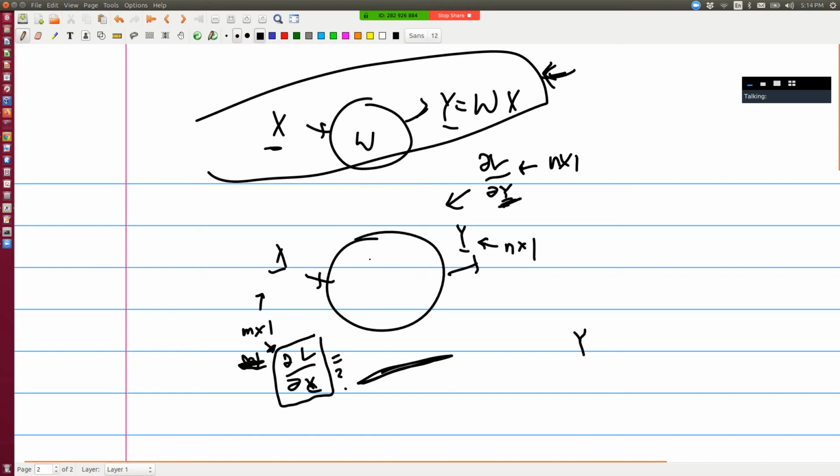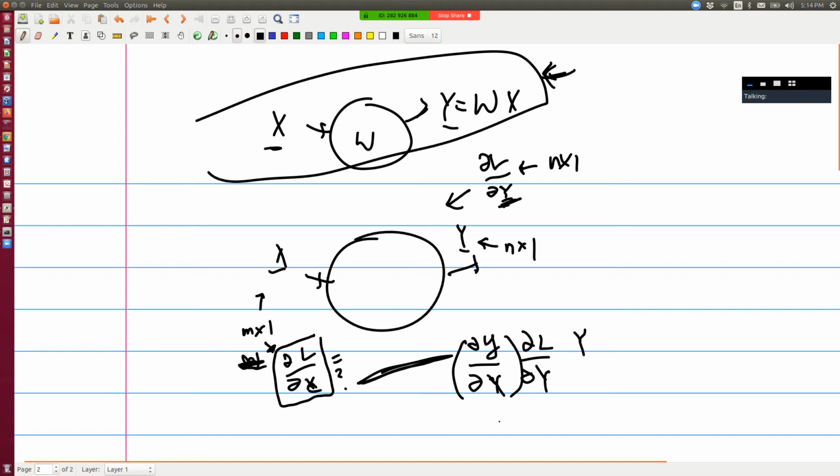It'll still be n by 1, right? Yes, the dimension is n by 1. But how do I go from here to here? What's this thing called? I need to do something like partial L partial Y multiplied by this.